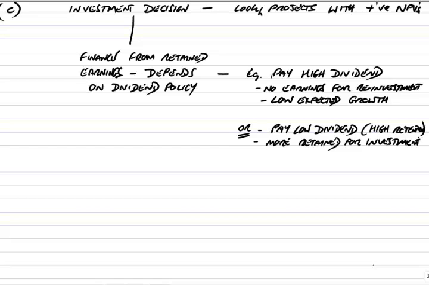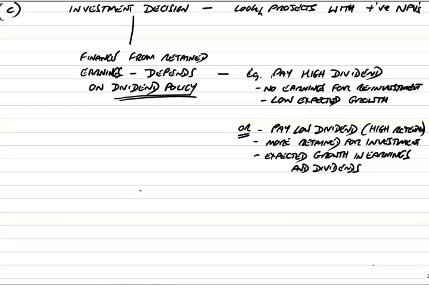And of course, if every year the company's investing more, you'll expect more earnings, so there'll be expected growth in earnings and therefore dividends. Now that's what we talk about by dividend policy. Shall we pay a high dividend? Shall we pay a low dividend?